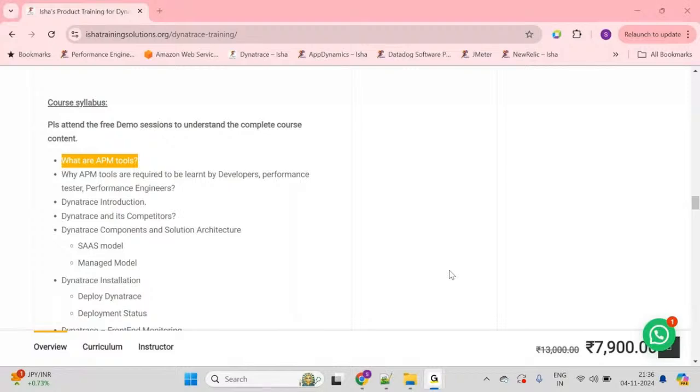Nowadays, in job descriptions, they are listing one APM tool: either Dynatrace, AppDynamics, New Relic, or Datadog. Predominantly, sorry, predominantly the Dynatrace tool. Every job description you look into, they have it. Do you have any questions, others?